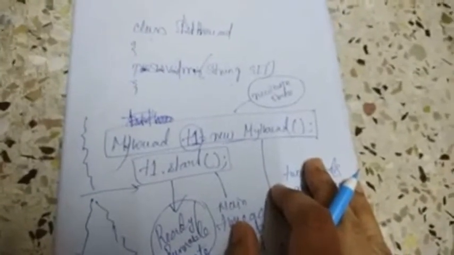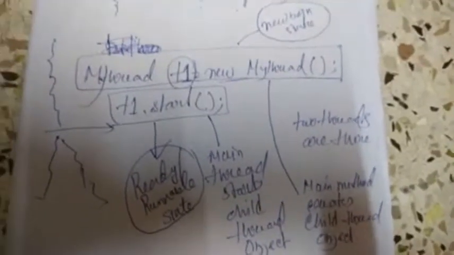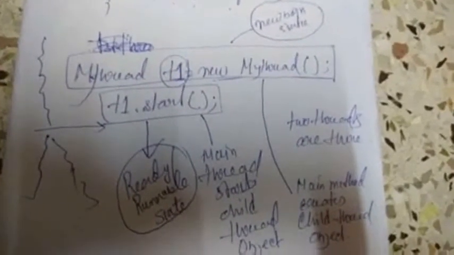That is started by the main thread. So to create it, I write MyThread t1 = new MyThread(); and after you write this statement, the thread class object is created.